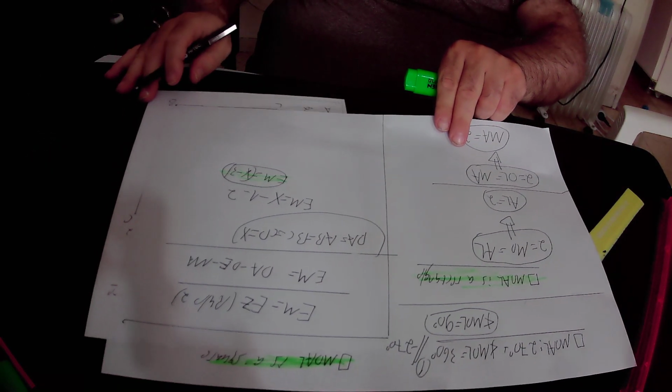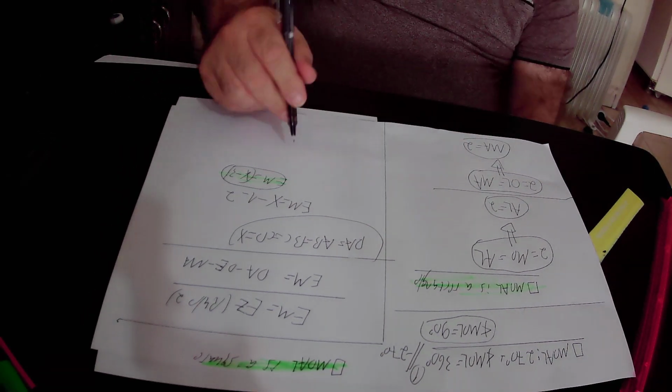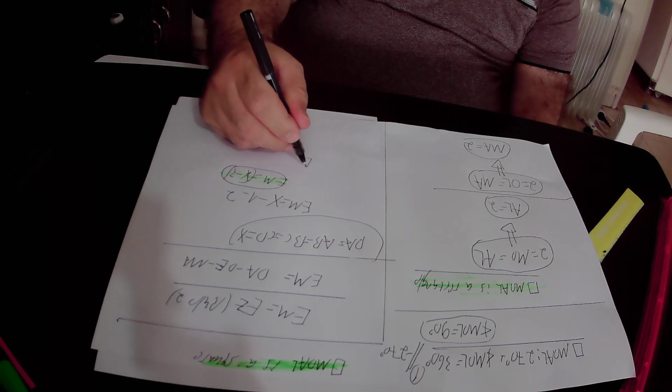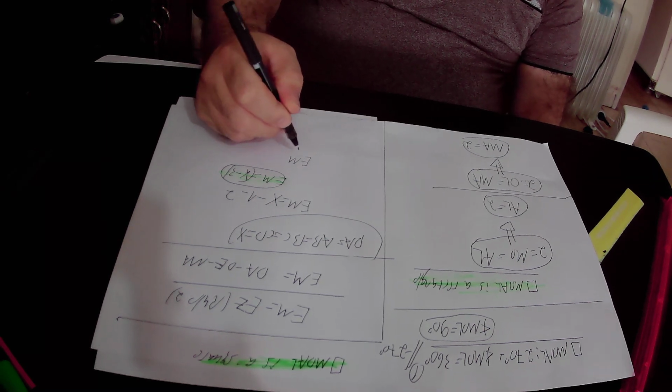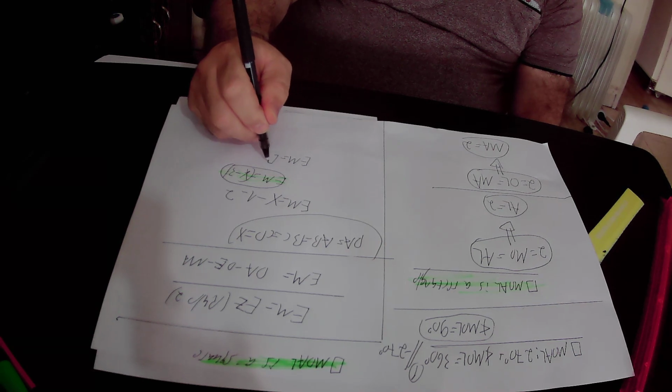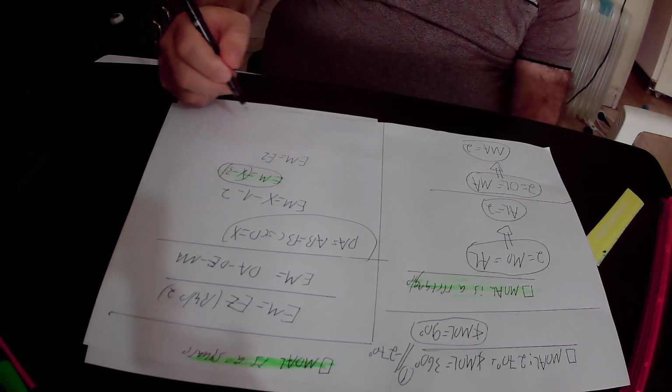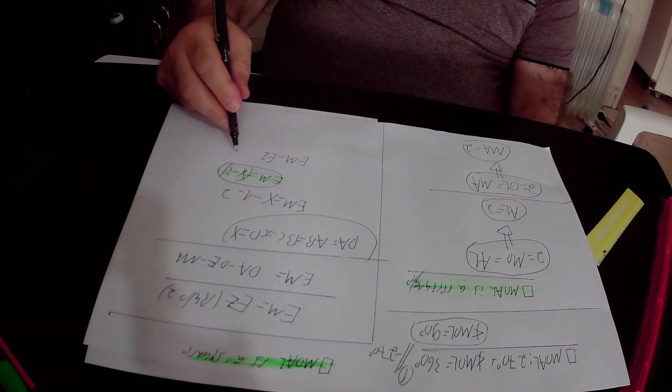So actually, according to rule number 2, we've already found out that EM equals EZ. But according to what we just found out, EM also equals X minus 3.